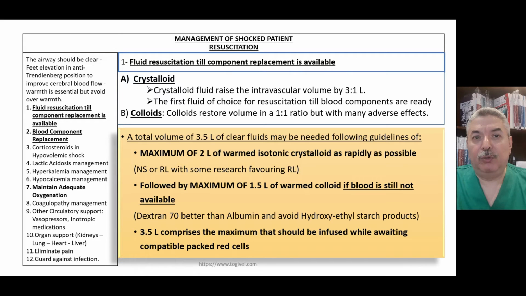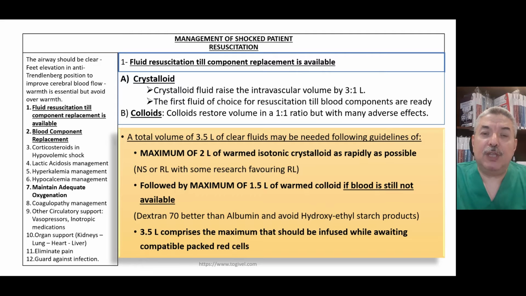Colloids are better avoided, and crystalloids are better avoided. If you have blood components ready, forget about fluids. And once you have the blood components ready, packed RBCs or fresh frozen plasma, stop the fluids and start replacing, because fluids are no replacement.